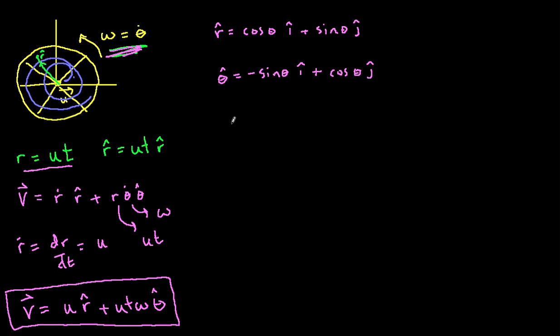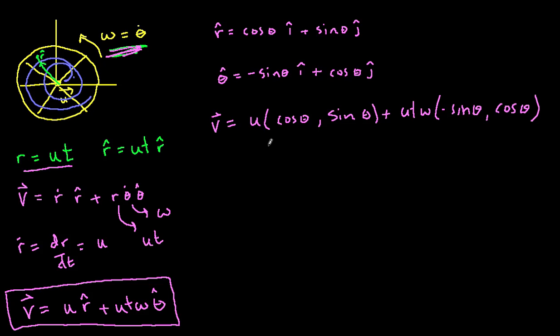So if we plug all that in, we'll get the velocity equals u times cosine theta, and I'm going to write this without writing out all the i hats and j hats, plus ut omega times minus sine theta cosine theta.